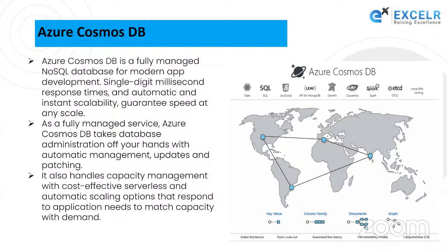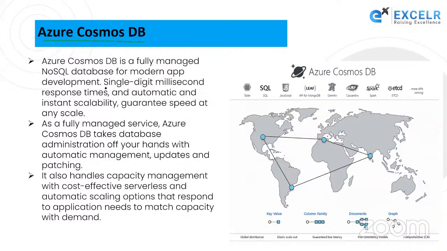Okay, thank you, Naved. Then we'll move to another database offering, which is called Azure Cosmos DB. This Azure Cosmos DB is a non-relational database, a fully managed NoSQL database, which supports your modern applications. If you attended the class for AWS, this is comparable to your DynamoDB.